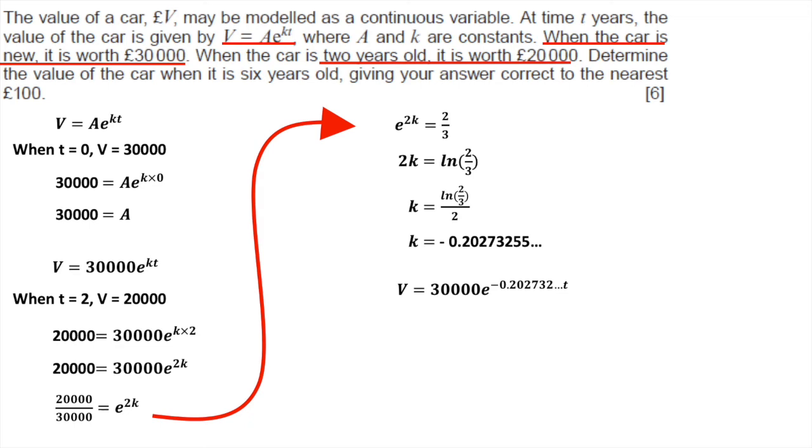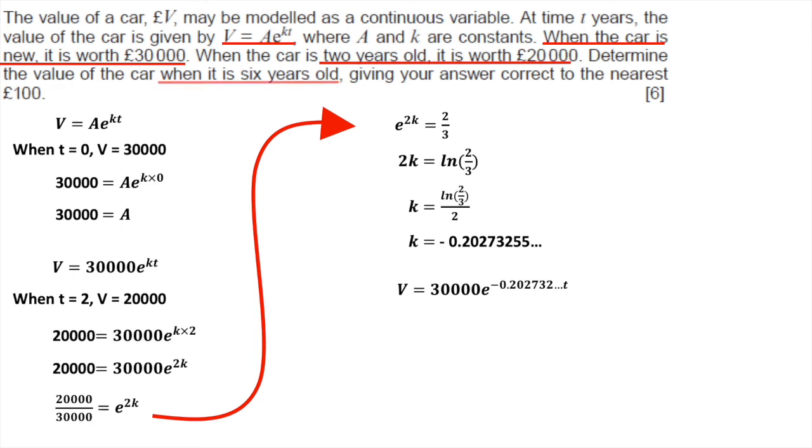What we have now is a formula to work out the value of the car at any time. If I want to work out the value when the car is 3 years old, I could substitute t to be 3, or when it's 4 years old, t would be 4, and so on.